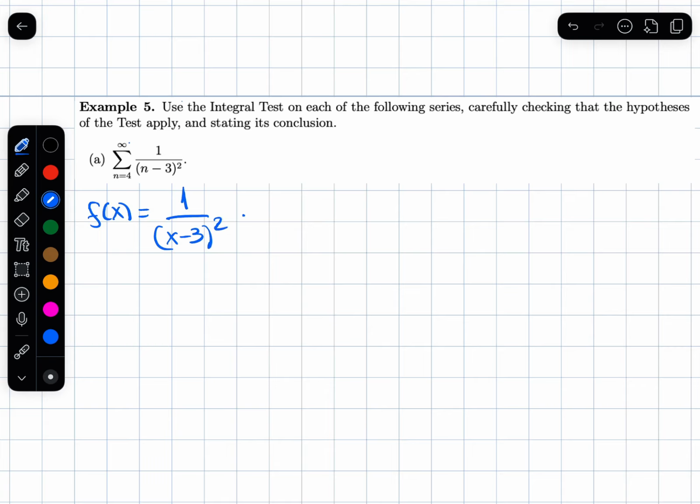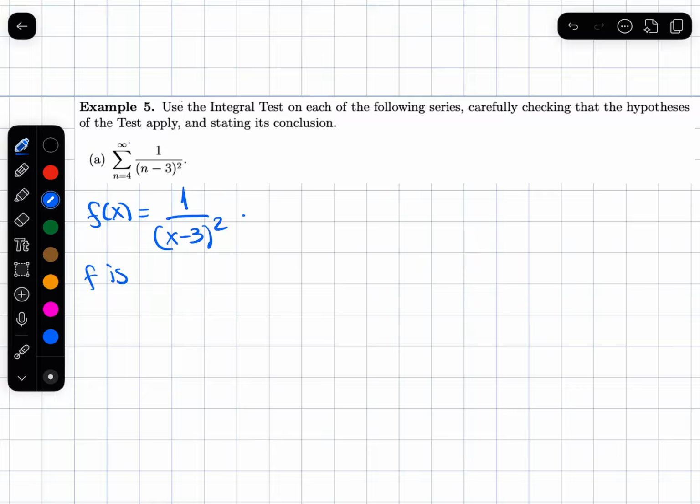So is f continuous? f is continuous everywhere except at 3. But that's fine because the series starts at 4. In the theorem, the integral was from 1 to infinity, but because my series now starts at 4, my integral will be from 4 to infinity and not from 1 to infinity. And so how do I make sure that this is continuous? I can just say a few words.